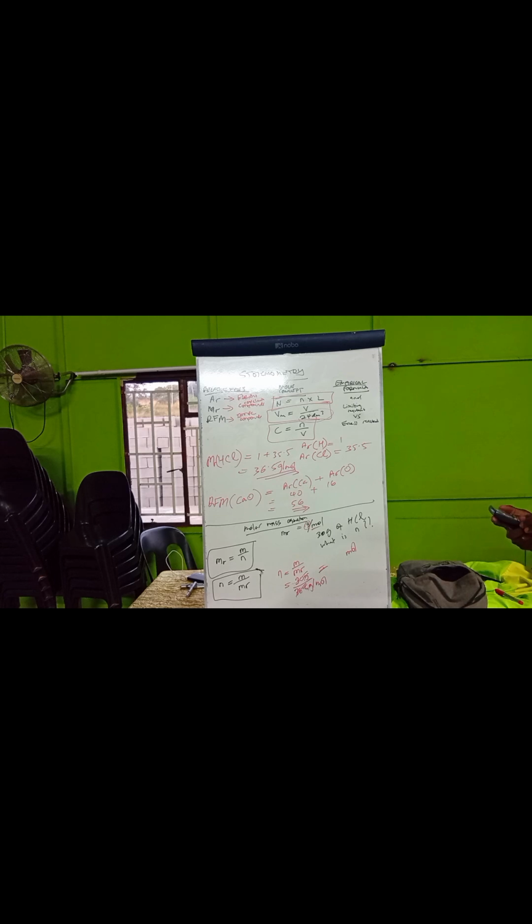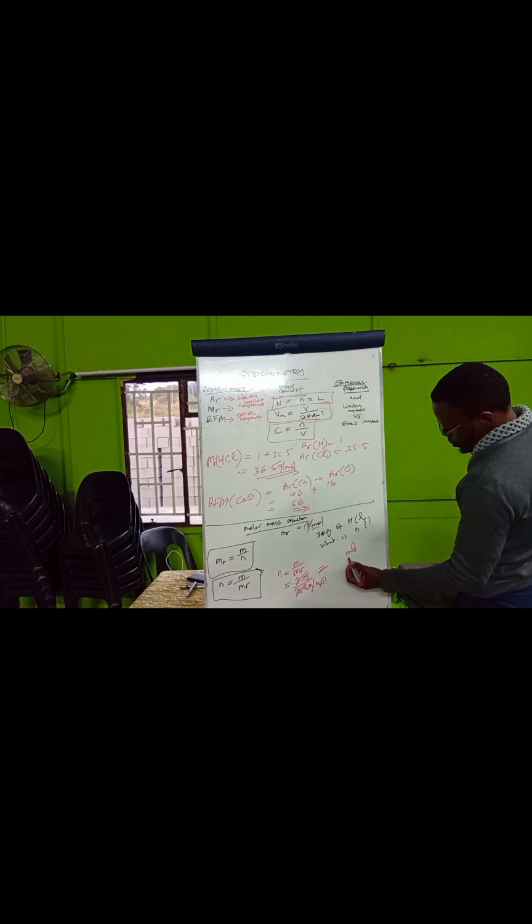You will notice that 30 divided by 36.5 will give you 0.82.